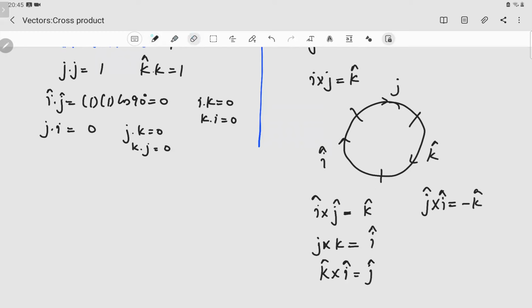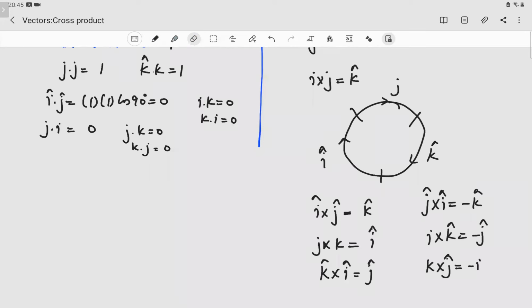And i cross k is equal to minus j, and k cross j is equal to minus i. So this is how you can apply the cross product to unit vectors, using this circle drawn in the clockwise direction.